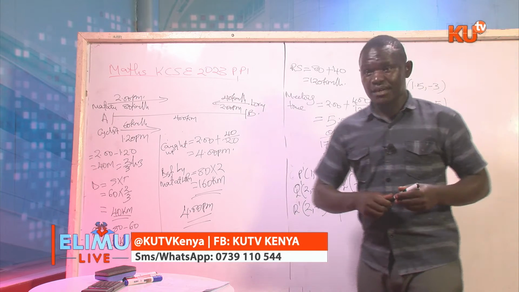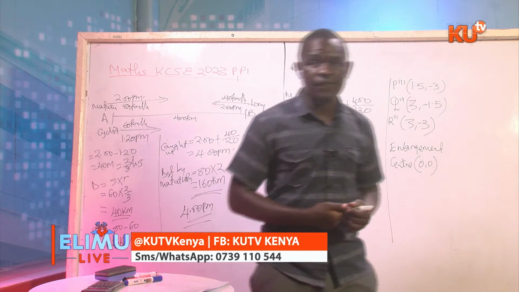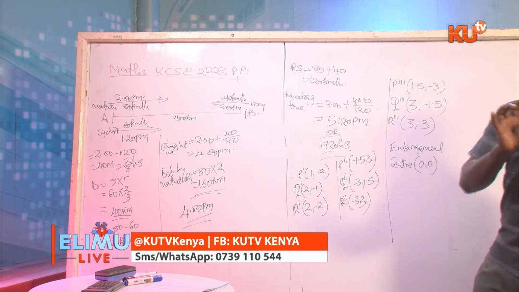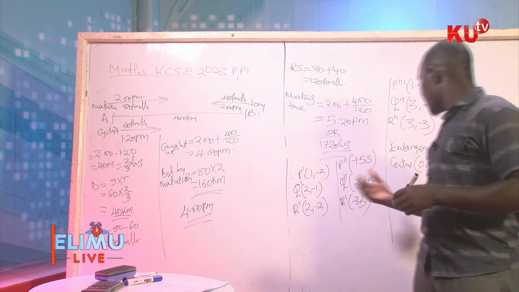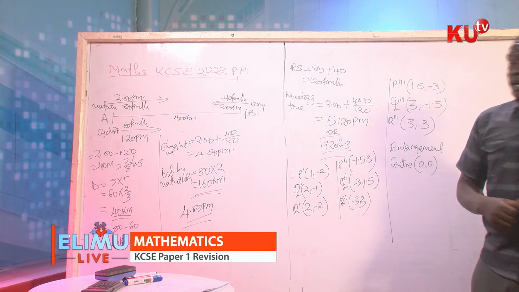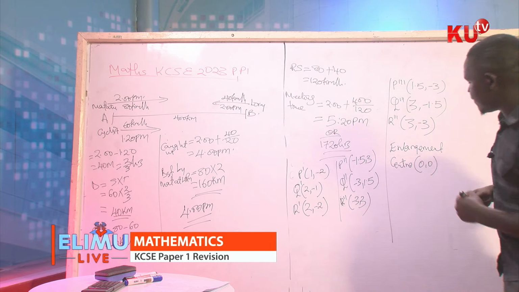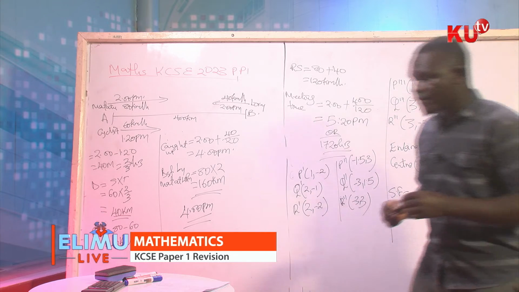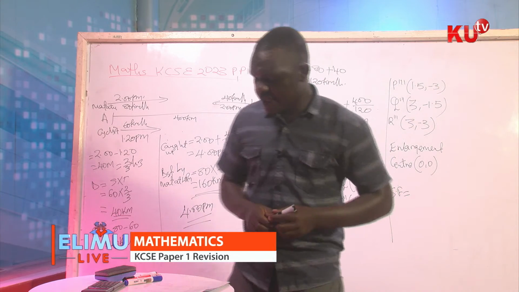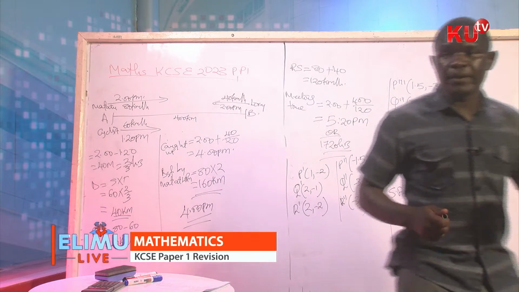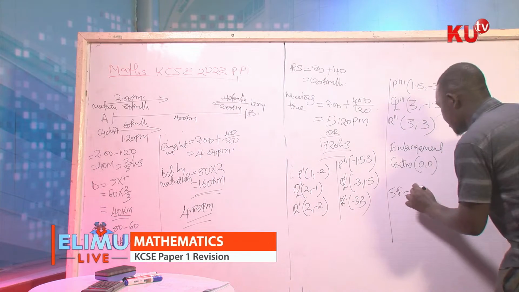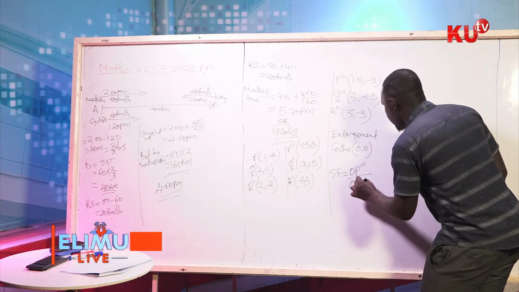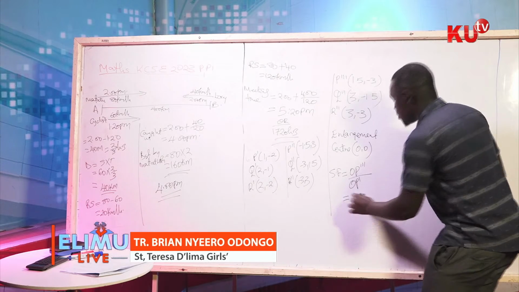Then we have to get the scale factor. Now you realize if the center is 0, 0, the object and the image are lying on the same side of the center, meaning that the scale factor must be positive. So in order to get the scale factor, you can measure the distance O to P triple prime over O to P prime.